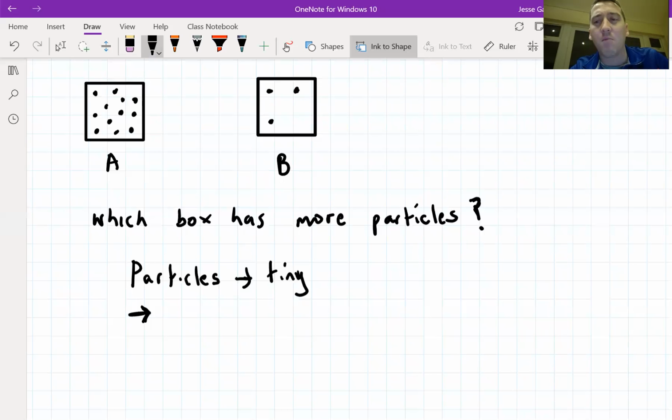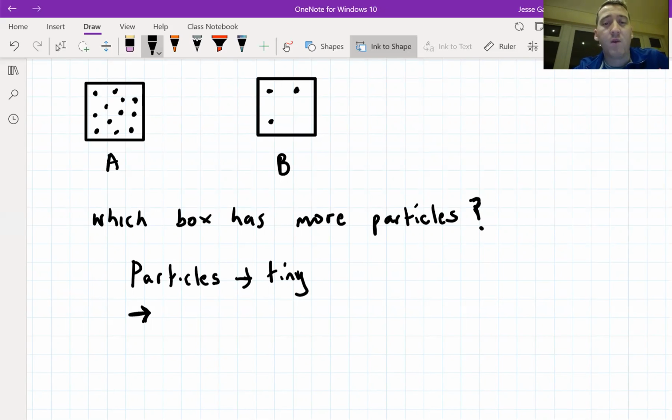If I asked how many particles are in a sample of a substance, it's not very helpful for us to start thinking about the numbers of particles, because the numbers get so big. We're talking billions and billions of atoms in even a small amount of substance. Even a teaspoon of water has so many billions of atoms that those numbers just aren't helpful for us to deal with.